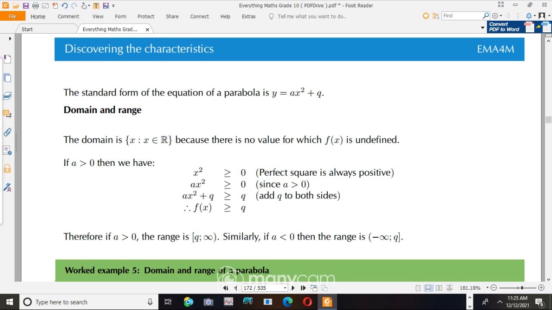Add q to both sides. Therefore f of x is greater than or equal to q. If a is greater than 0, the range is what? The range is q to infinity. Similarly, if a is less than 0, then the range is negative infinity to q.